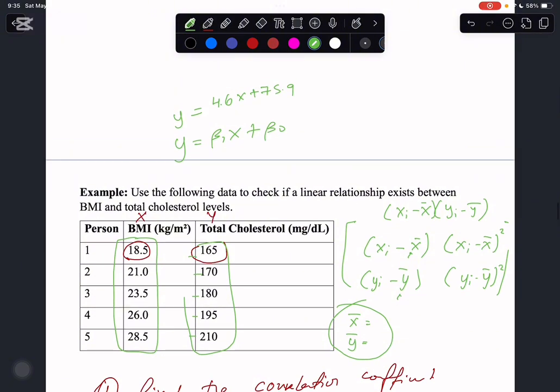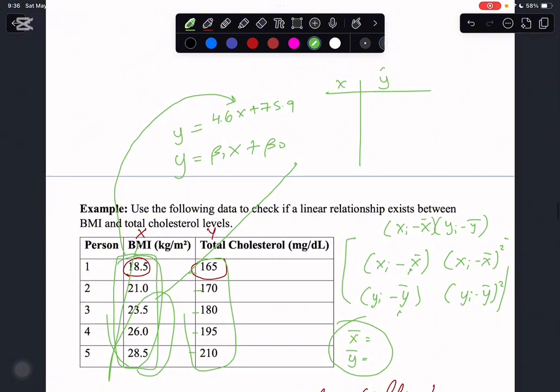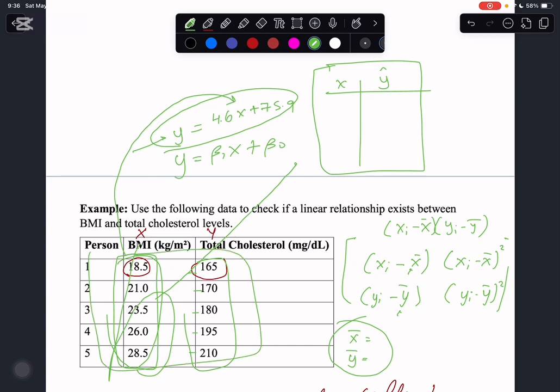Take these x values and plug them in. You get the same x's as here, then you find the y, which we called y hat. If it says make a table of the linear regression, you use this. If it says make a table of the actual results or the original data, you create a table of this.